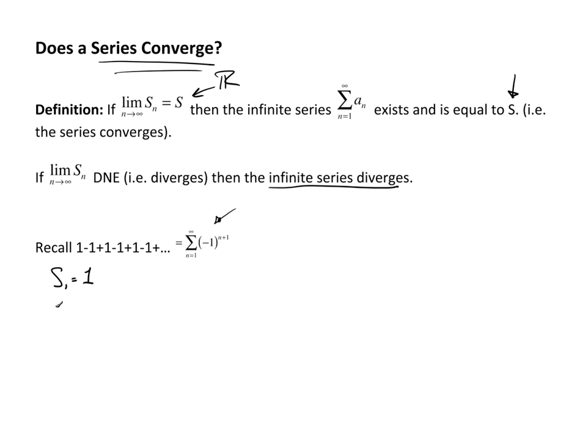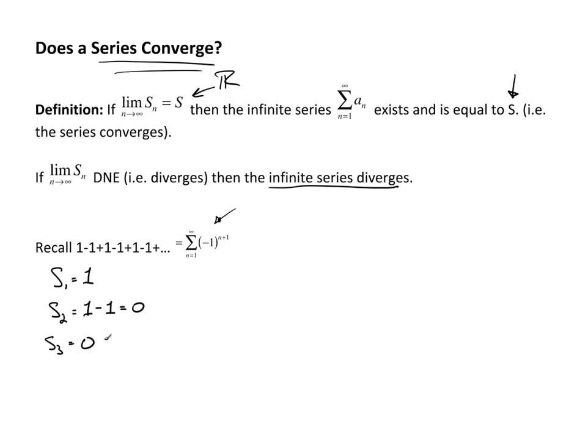S1 equals 1. S2, the second partial sum, will be the first partial sum, 1, plus the next term. This is now going to be odd, so I have a -1, so that's going to be 0. S3, the third partial sum, will be the second partial sum plus the next value.